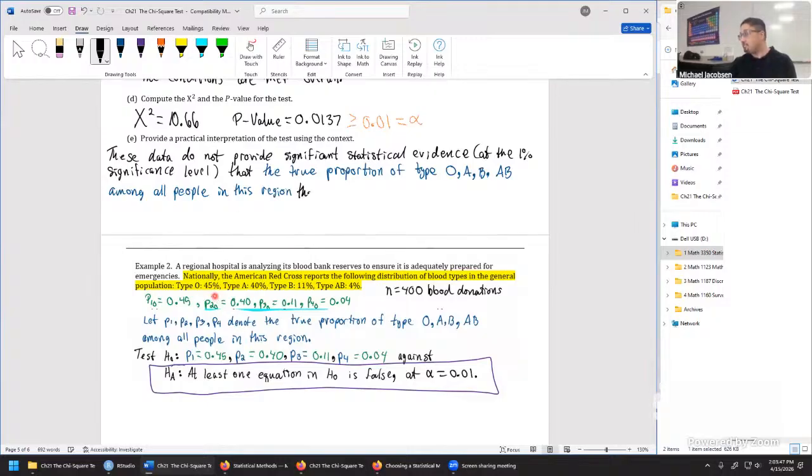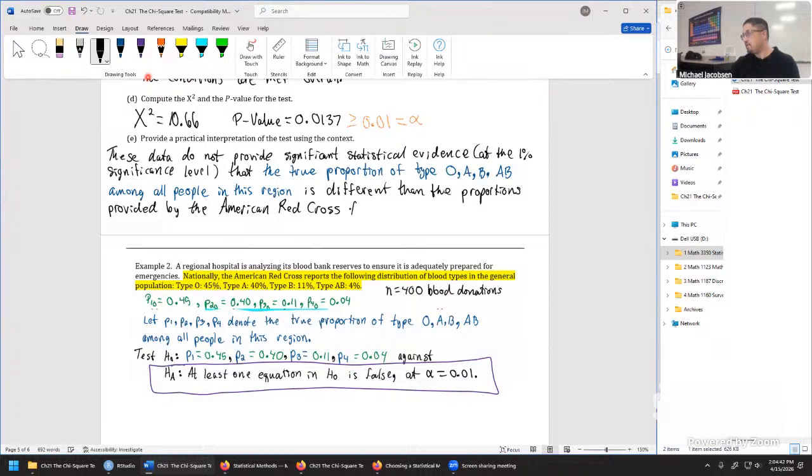So I'll say here that at least, let me double check the flow of this, that the true proportion of those donations among all people in this region, let me say this a little bit differently, is different than the values, and let me say more specifically, the values are proportions provided by the American Red Cross for at least one blood type.